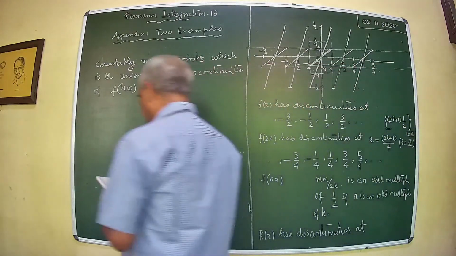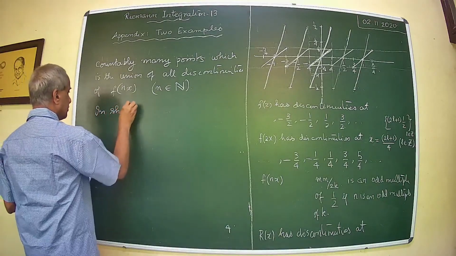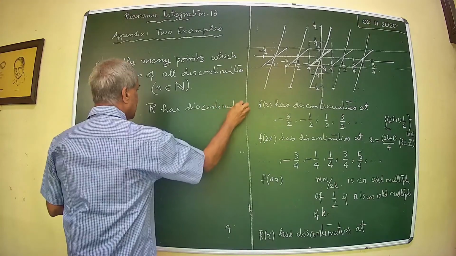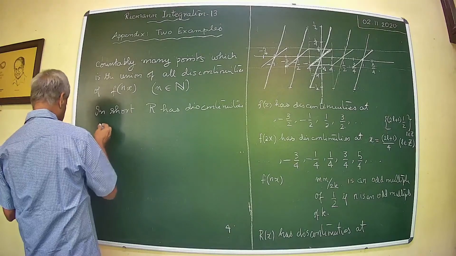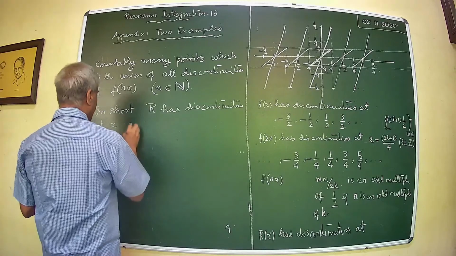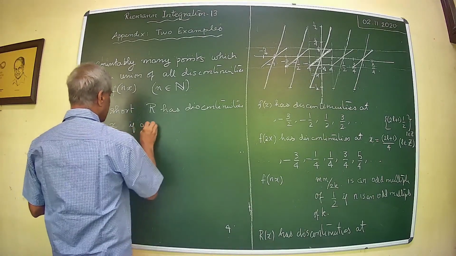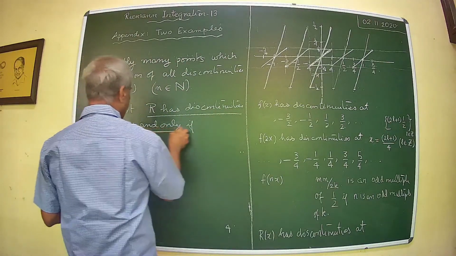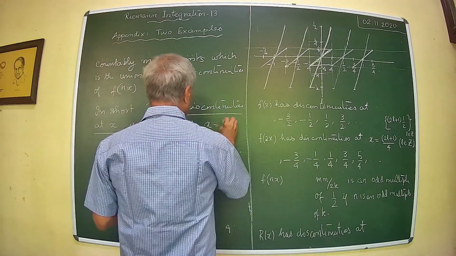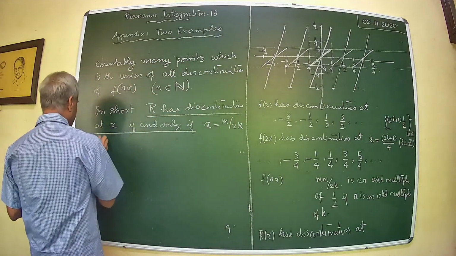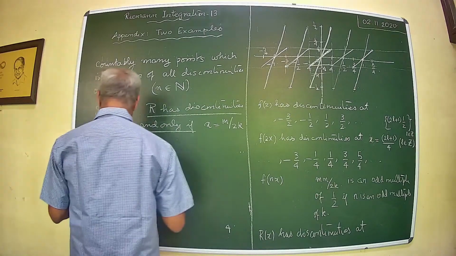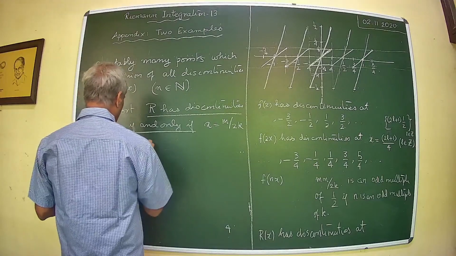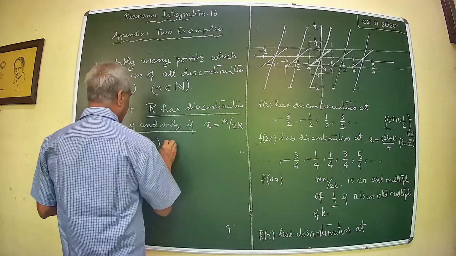So in short, R has discontinuities at x if and only if x is equal to m by 2k, where the common divisor of m and 2k is equal to 1.